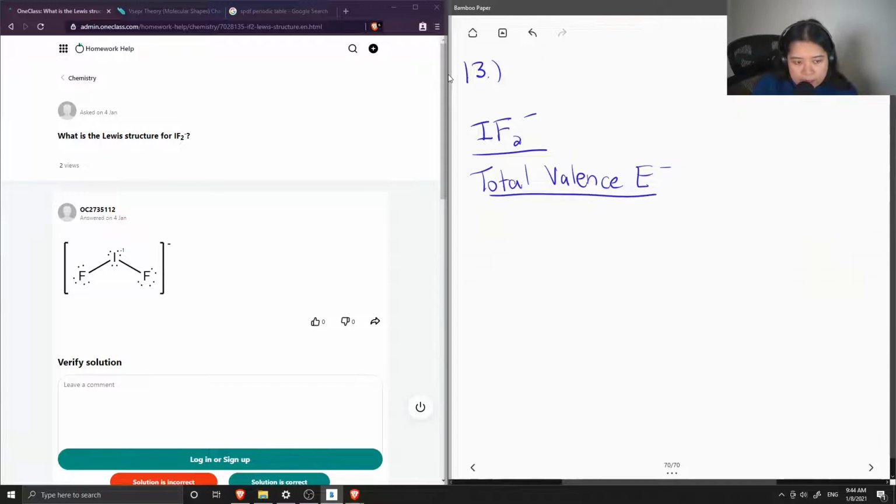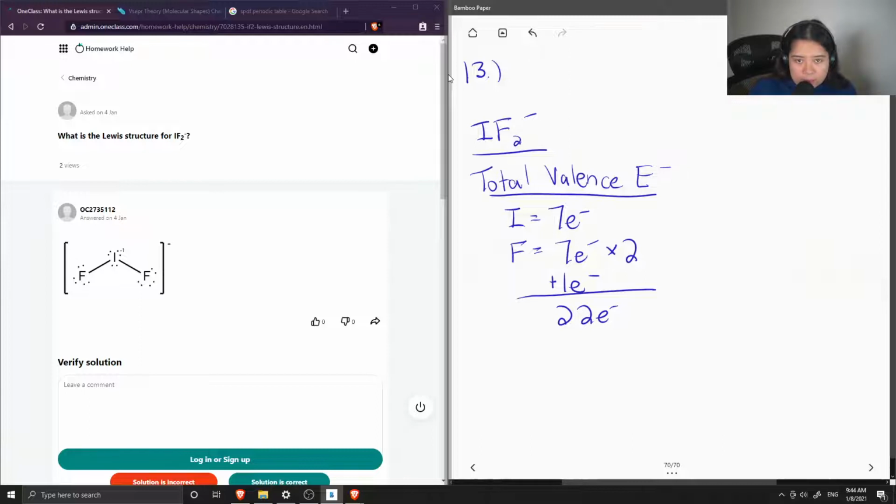Iodine has 7 valence electrons, and fluorine also has 7, but there are 2 fluorine atoms, so we multiply that by 2. And the overall charge of the ion is -1, so we're going to add an extra electron. If we add these all up, you get 22 valence electrons.